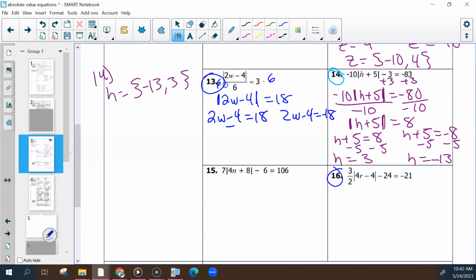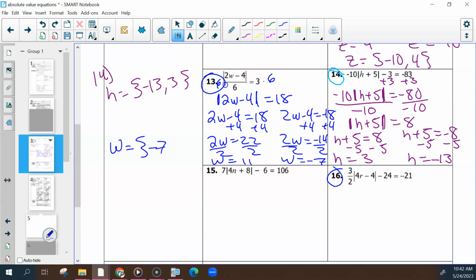Add 4 to both sides. So 22 and negative 14. And divide all sides by 2. So our two answers would be negative 7 and 11.